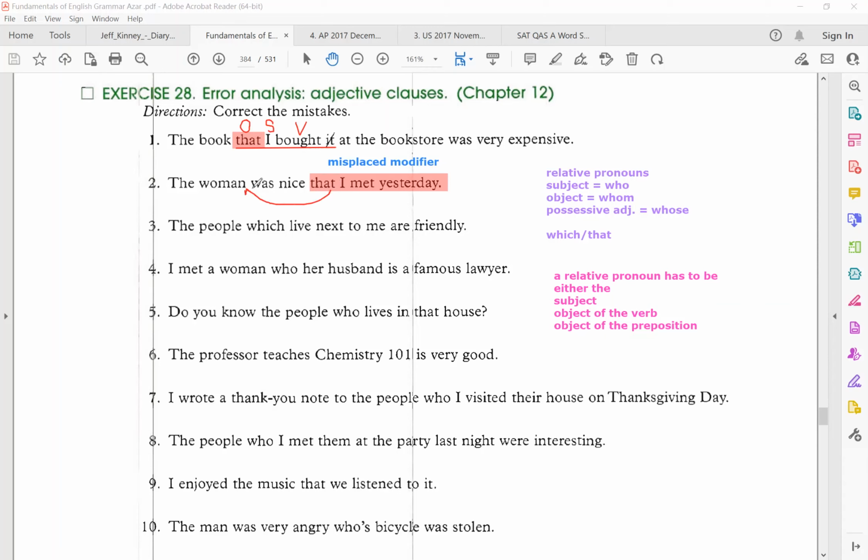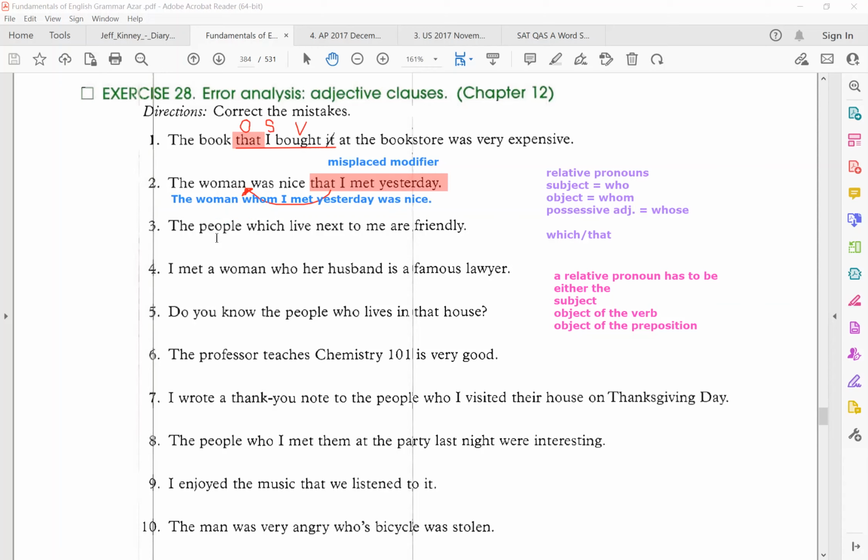So we need to change the location of the adjective clause to after the woman. The woman that I met yesterday, or better yet, I'm going to rewrite it: the woman whom I met yesterday was nice. And of course, in this case, we can omit the pronoun: the woman I met yesterday was nice.